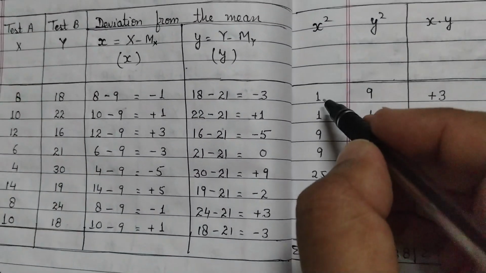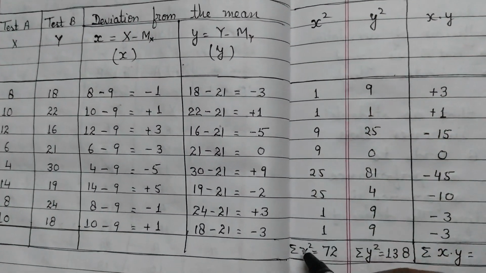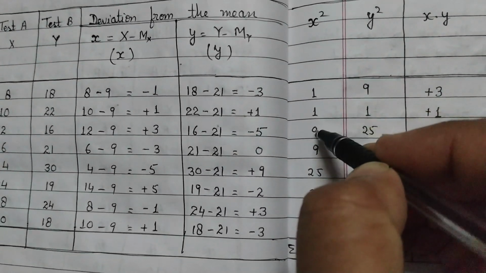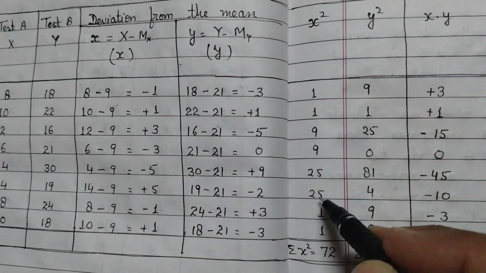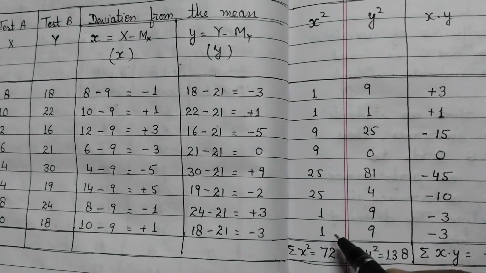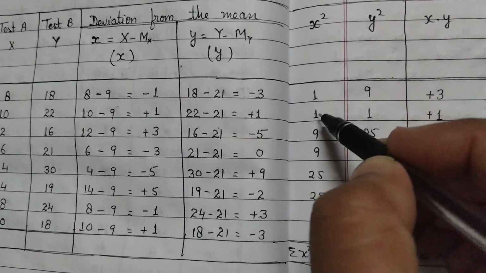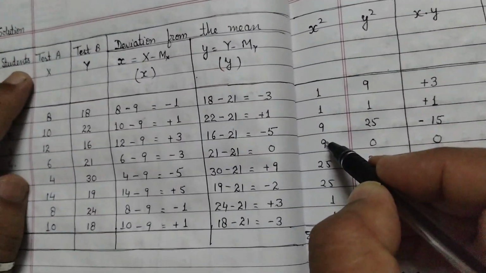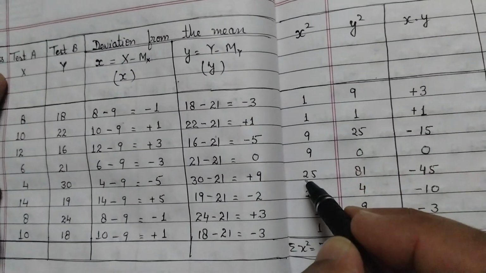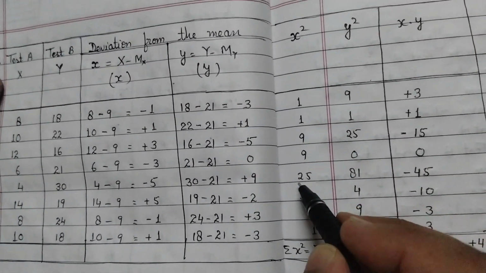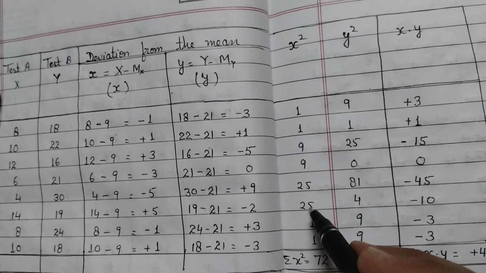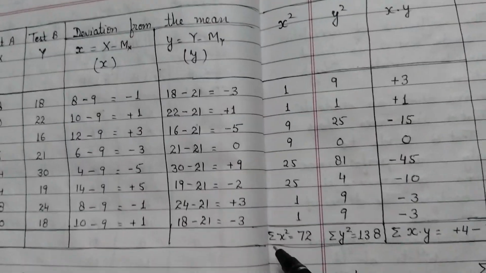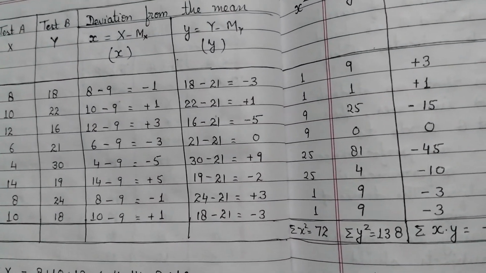Sum up all these values again to get summation x square. 1 plus 1 plus 9 plus 9 plus 25 plus 25 plus 1 plus 1. So 1 plus 1, 2, 9, 11, 11, 9, 20, 20 plus 25, 45, 45 plus 25, 70, 71, 72. So summation x square is found to be 72.